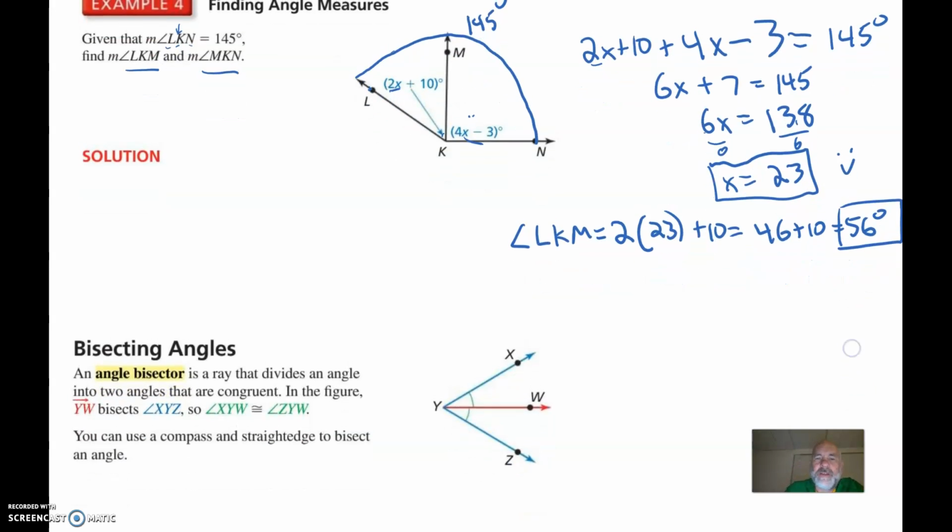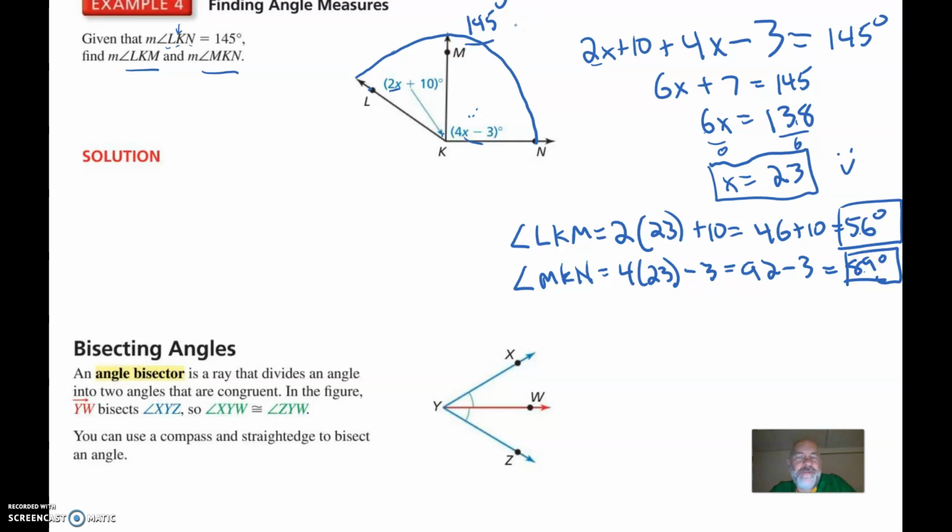Let's find out what the other one is, and then we'll be able to tell. Angle MKN, that's this one down here, is 4 times 23 minus 3. 4 times 23 is 92, minus 3, which is 89. And if you add those two together, sure enough, you get 145.